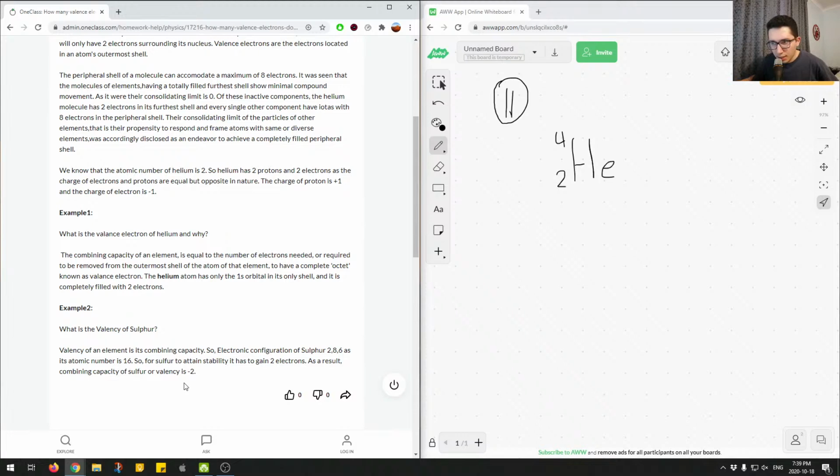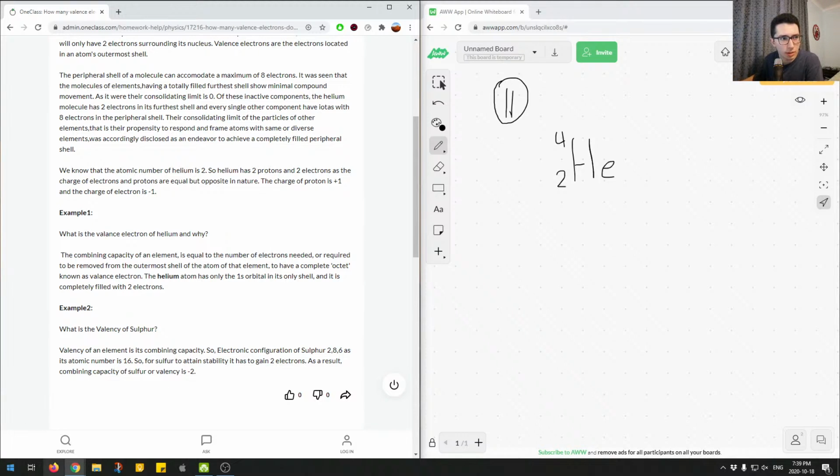So it has 6 electrons in its valence shell. For it to be stable, it would need 8. So here we'd say it would have -2. It has to gain 2 electrons. So the combining capacity of sulfur as valency is -2.